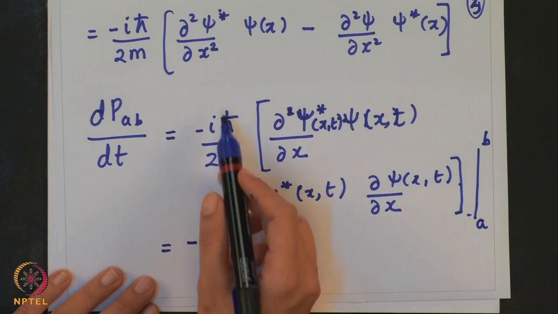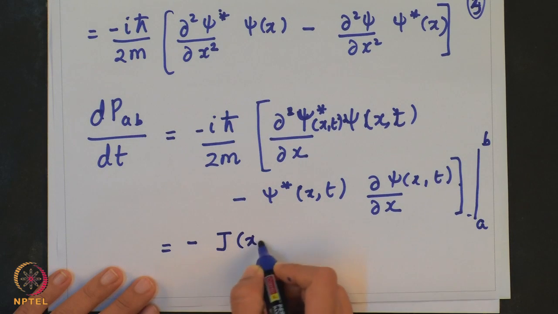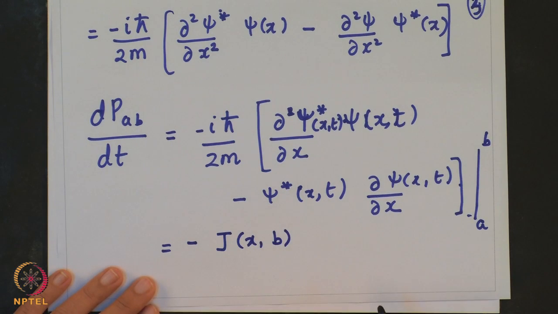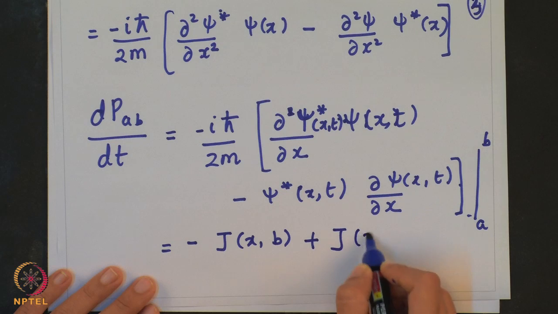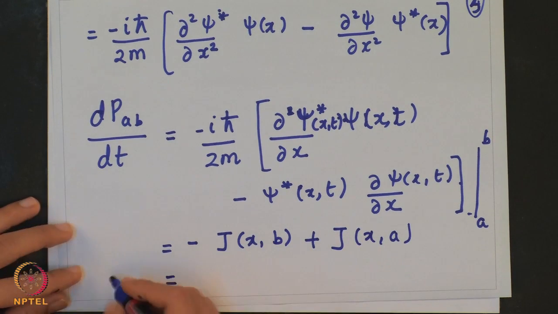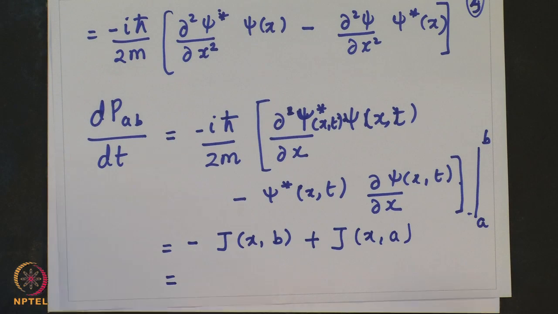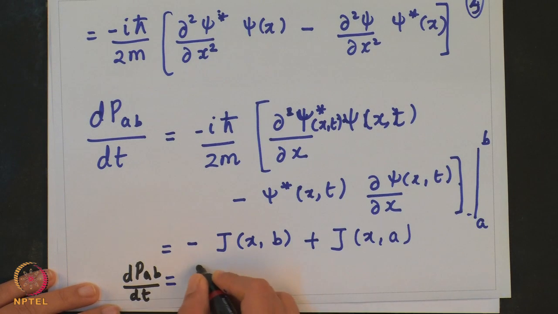The first part, when x is equal to b, you obtain j of x comma b, minus the lower limit, that is x comma a.